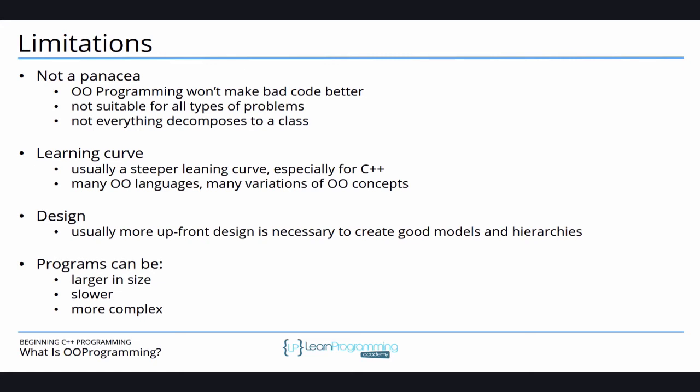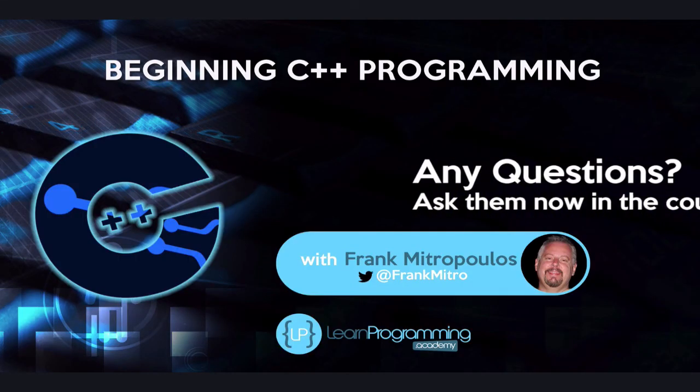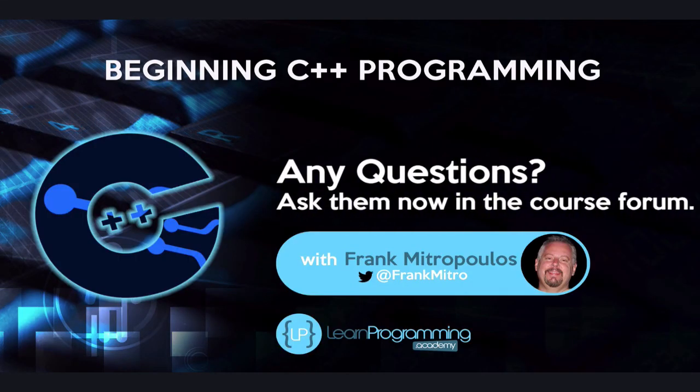Finally, object-oriented programs tend to be larger in size than non-object-oriented programs, and can sometimes be slower and more complex since there's so much more going on behind the scenes. This can be especially true with object-oriented languages that use a virtual machine. However, the great news is that among object-oriented languages, C++ is probably the most efficient language out there.